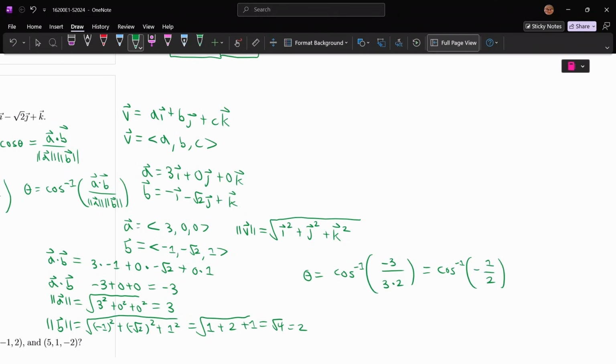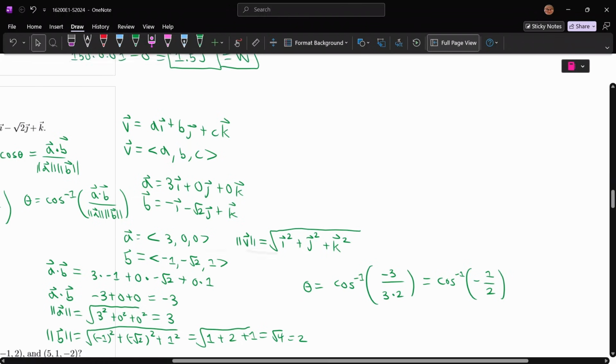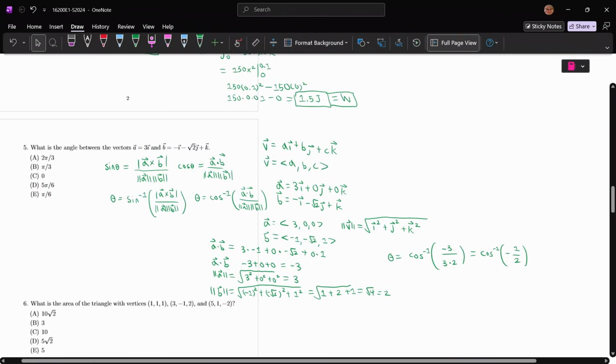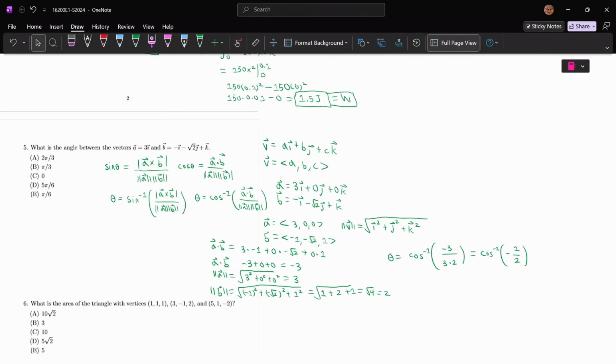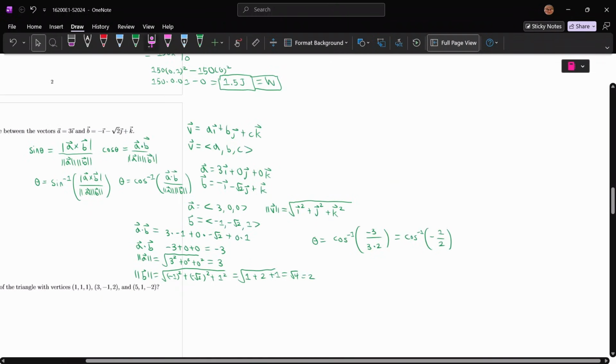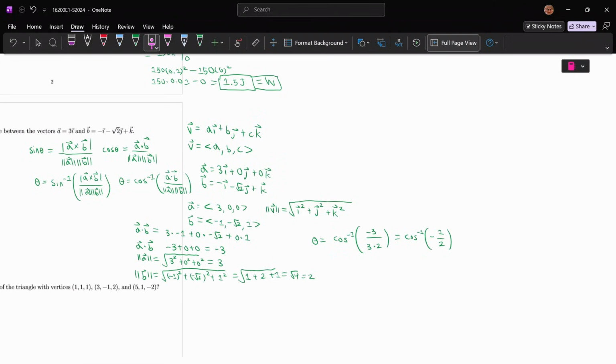So then, recall that on a unit circle, this would be equal to, I think, negative 60 degrees. Or no, that would be in degrees. In radians, that would be 5 pi over 6, I believe. Wait, no. I have to think back.